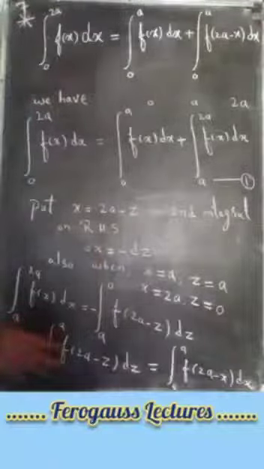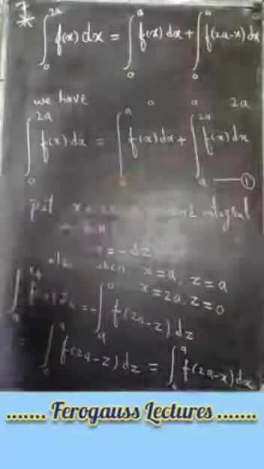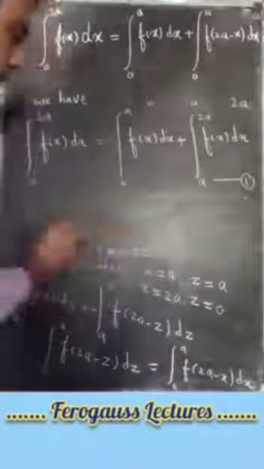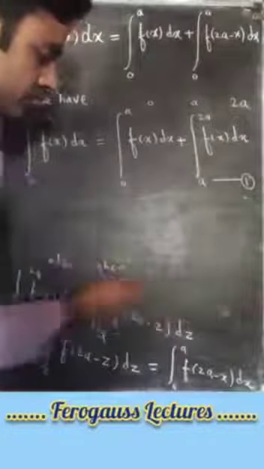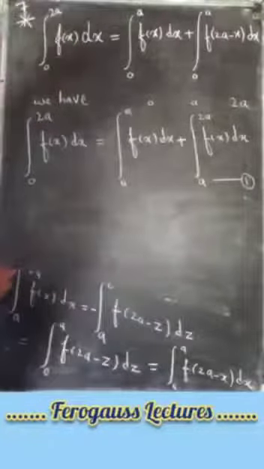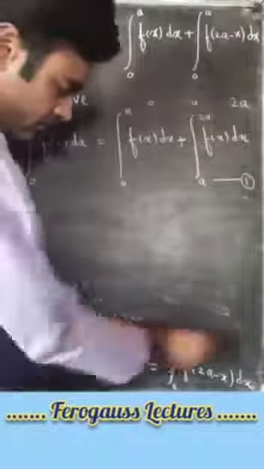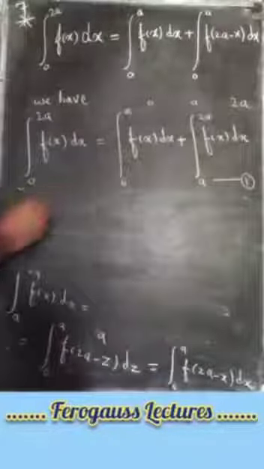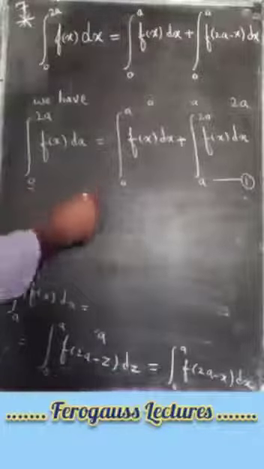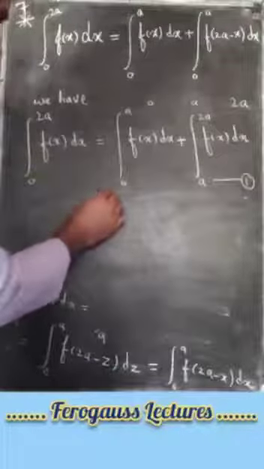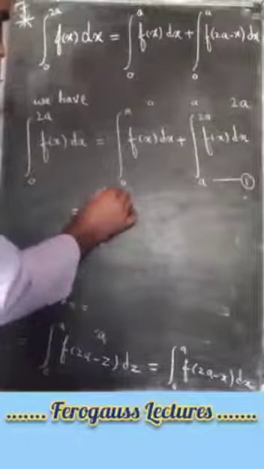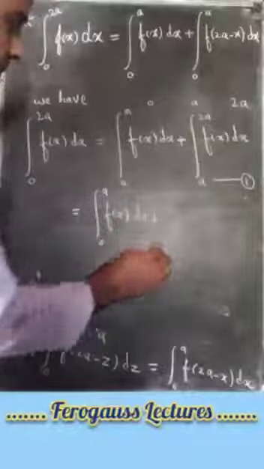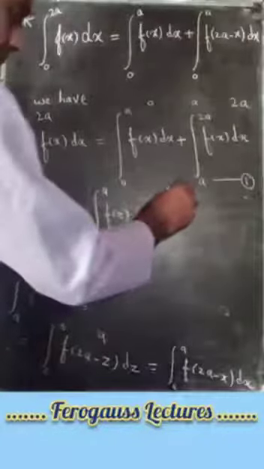Now substitute this in equation first. We get, so this is equal to the integral from 0 to a of f(x) dx plus the integral.